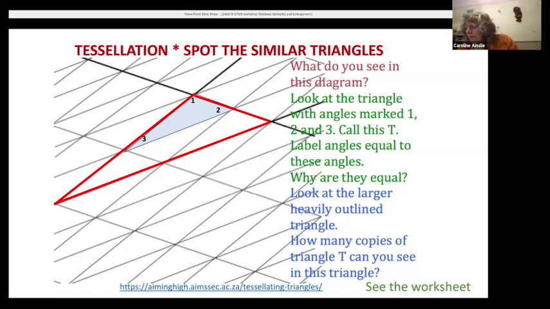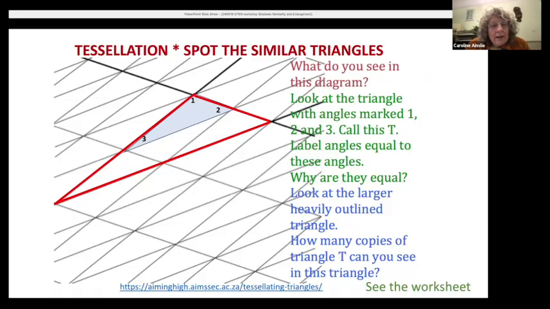On the worksheet, you've got a small sample of this so that you don't actually have to draw it, but you want a decent size one to do it. So the next big question is, can you use this diagram to show that the angles of a triangle add up to 180?